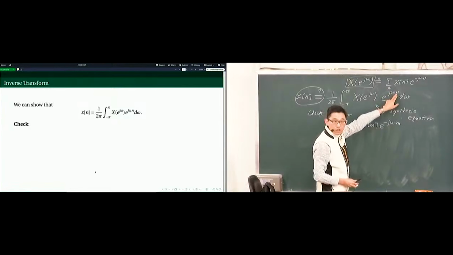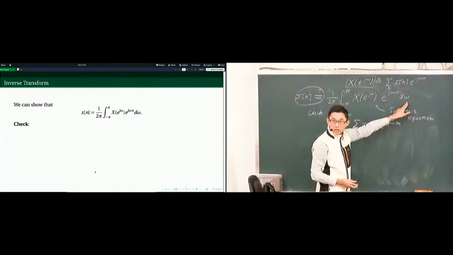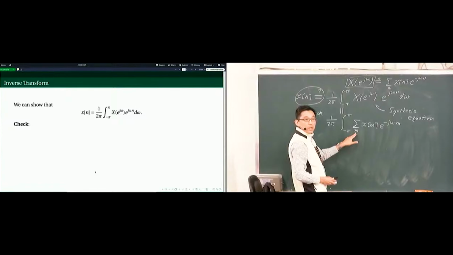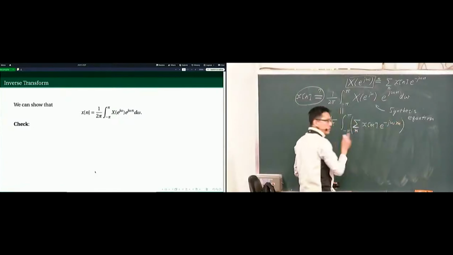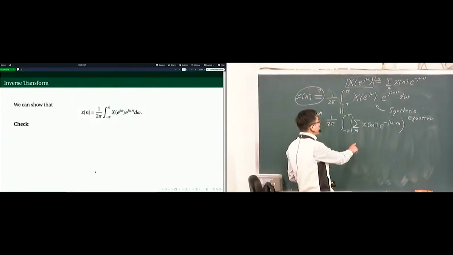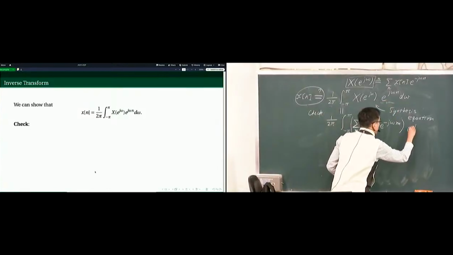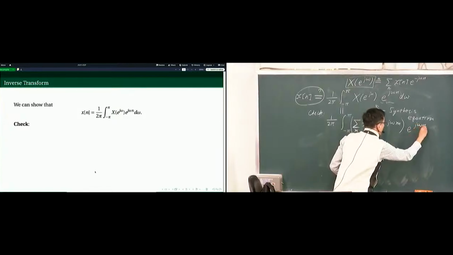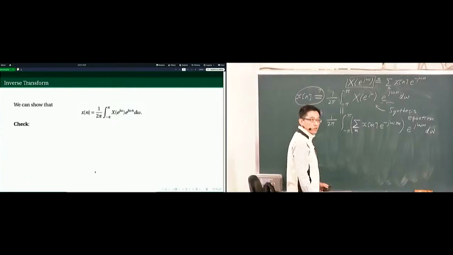That n here is a constant as far as this expression is regarded. So please be careful. Let's change the summation index from n to m to avoid confusion. That's simply substitution. And then we copy e to the j omega n, and we integrate with respect to small omega. So far so good?